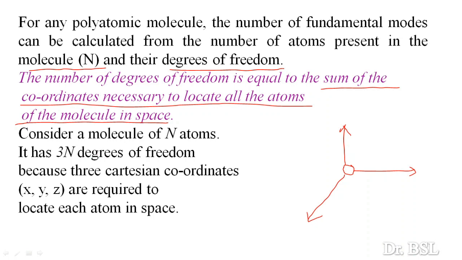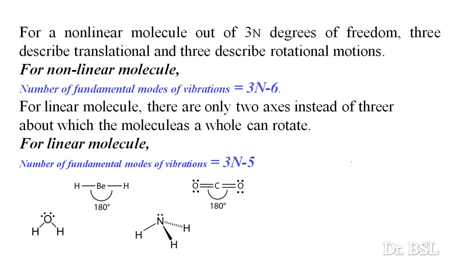Consider a molecule of n atoms, then it has 3n degrees of freedom because these x, y, and z coordinates are required to locate the atom in space.